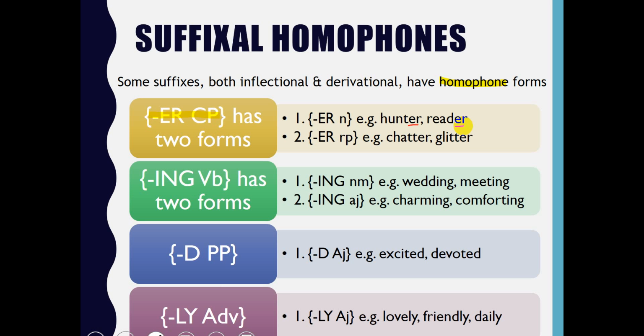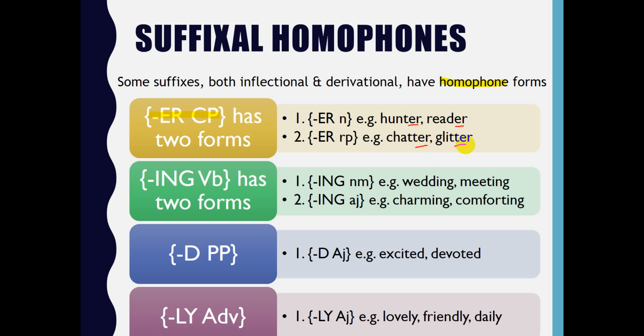The derivational means person who. Hunter is a person who hunts. Reader is a person who reads. And then the second one is er, which means repetitive form or repetition, like chat becomes chatter, glitz becomes glitter.